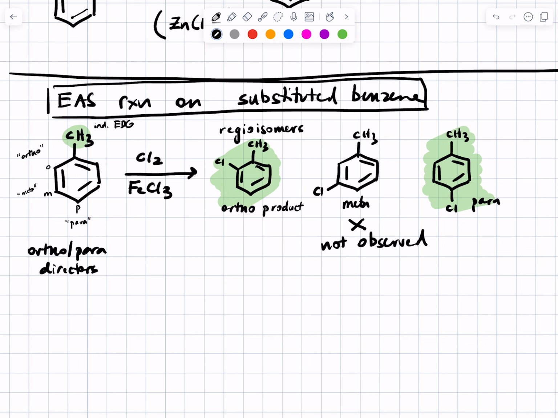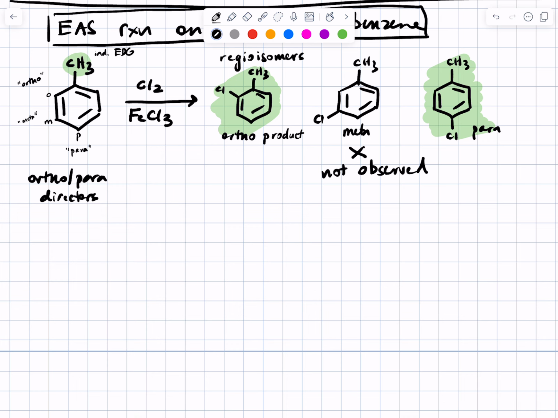Because generally, if you have an electron donating group attached to a benzene ring, and you do a subsequent electrophilic aromatic substitution reaction, you see ortho and para products. That's true also for resonance electron donating groups. So, as an example, here is a methoxy group on a benzene ring.